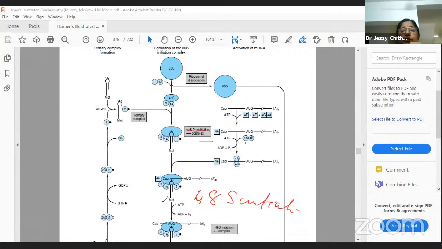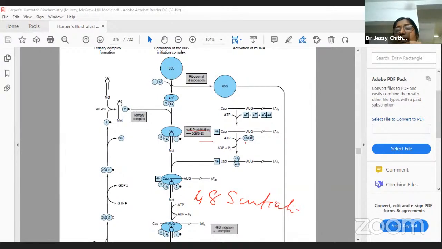Understand? So this 43S complex will read the mRNA and it will attach to the AUG. It has got the methionine. So it gets attached to the initiator codon.